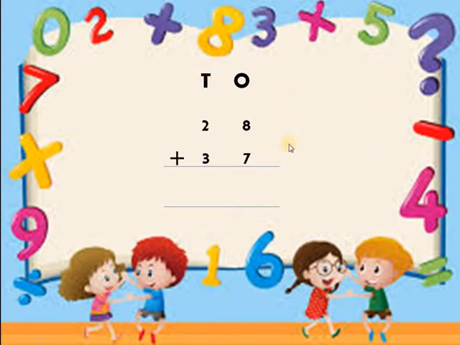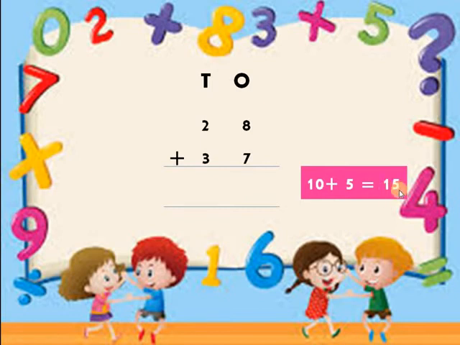Now we are going to add the ones numbers, that is 8 plus 7. We are going to start from ones and add 8 plus 7. So 8 plus 7 is 15.